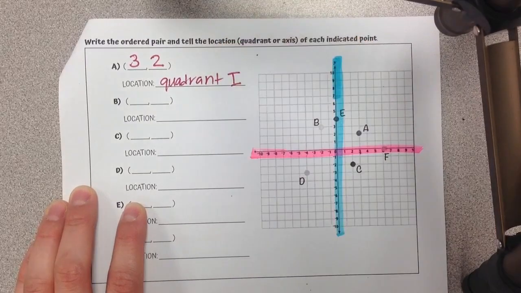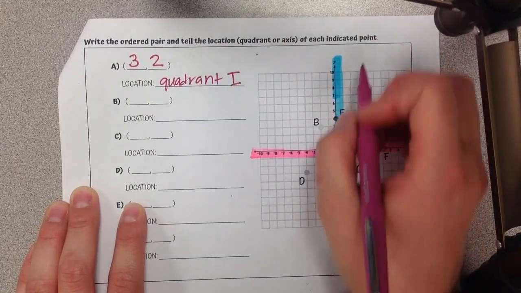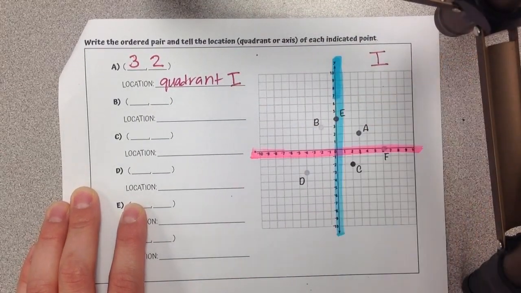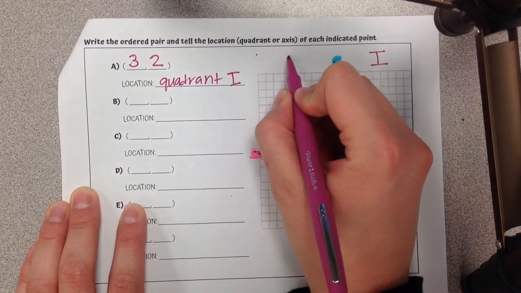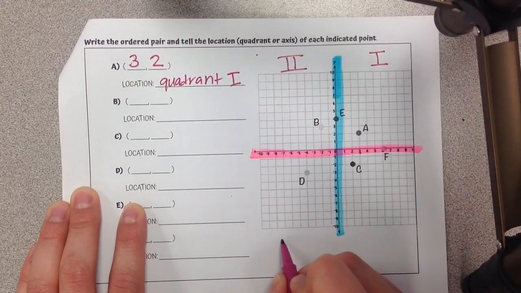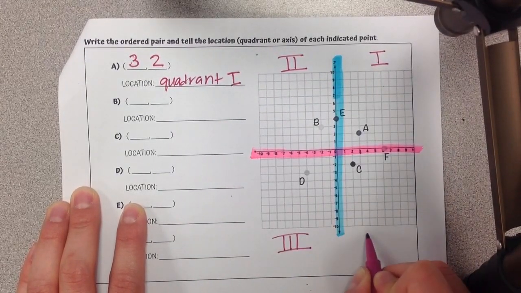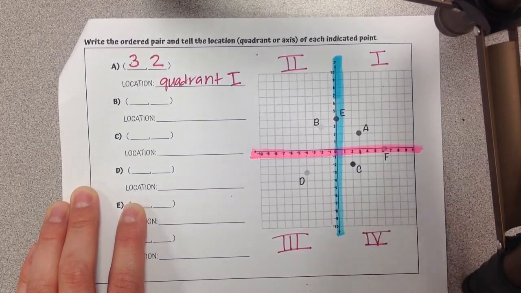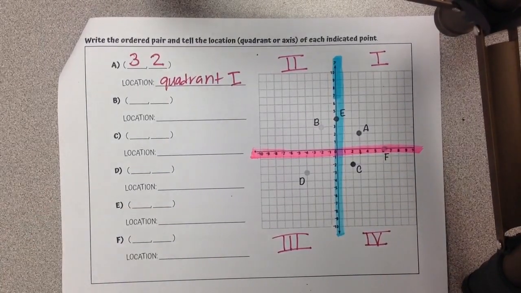I'm going to use that Roman numeral. And to help you out, if you want, you can go ahead and actually label all of these 1, 2, 3, 4, to help you out.